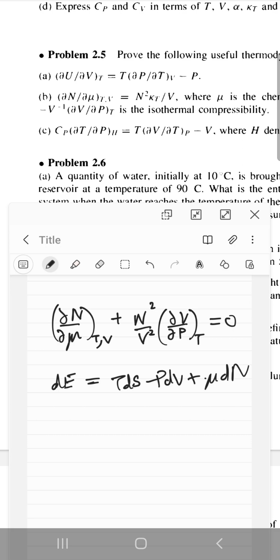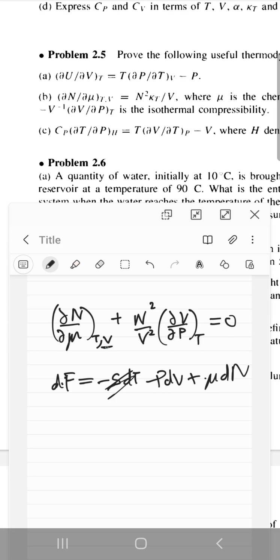Oh, so we should be adding TS to this thing, so then we should actually be dealing with dF in that case. So now it's just going to be minus S dT. Yeah, so it's at constant temperature, so this is gone in any case.